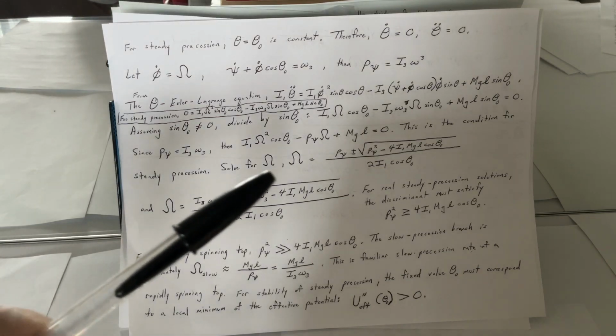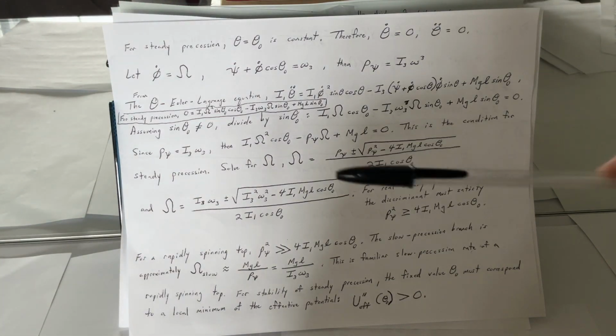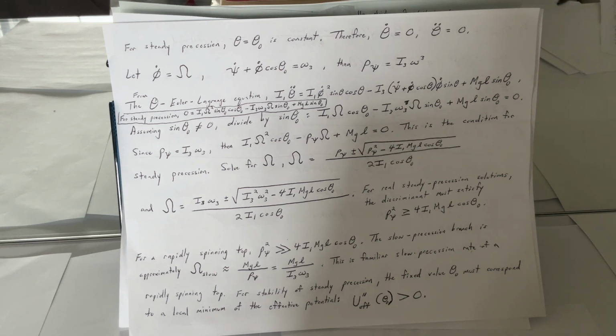So solving for capital omega, it is going to equal p sub psi plus or minus the square root of p sub psi squared minus 4 I sub 1 mgl cosine theta naught, divided by 2 I sub 1 cosine theta naught.